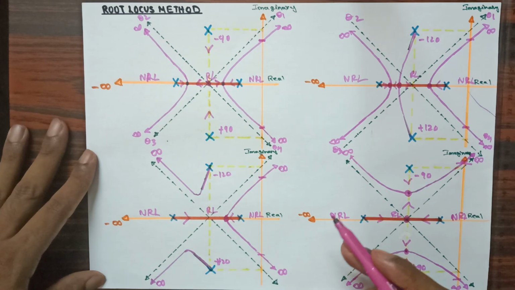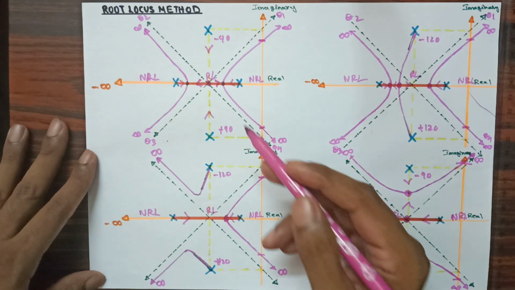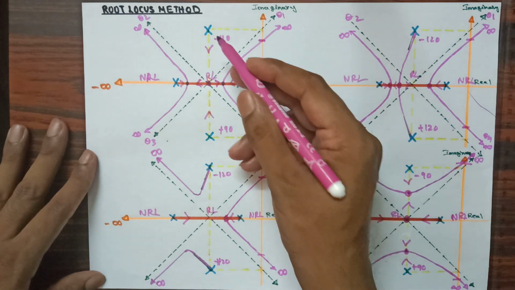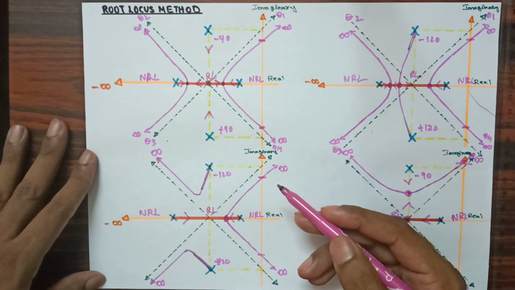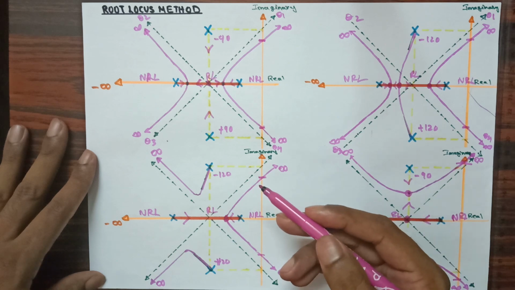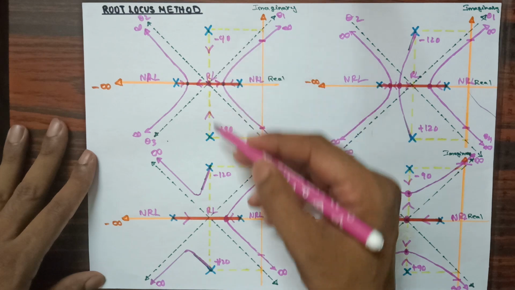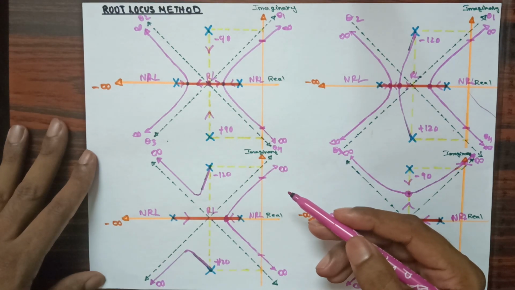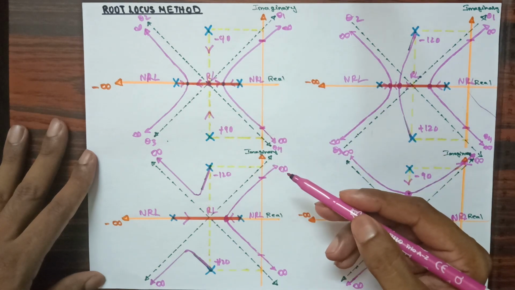These are some examples of root locus method, and here you have seen in this example that when complex poles are there, then we are finding the angle of departure. So remember, if in place of poles I consider complex zeros, then we are going to find angle of arrival.